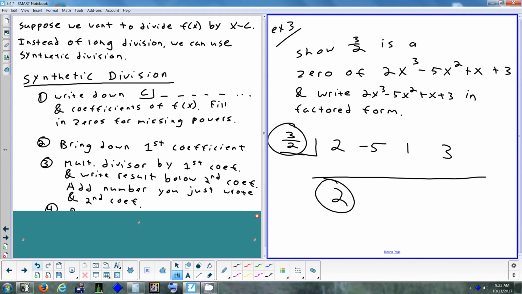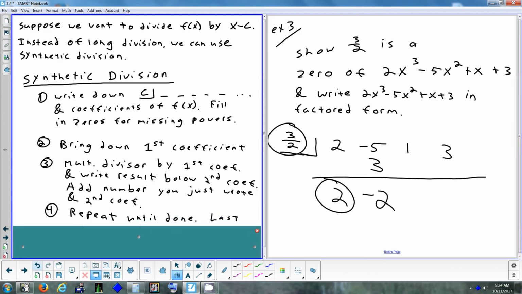So multiply the divisor, what I circled, by the first coefficient, the other thing I circled. We get 3, and write the result below the second coefficient. Add the number I just wrote and the one that's above it. What's -5 plus 3? -2. Yep, -2.